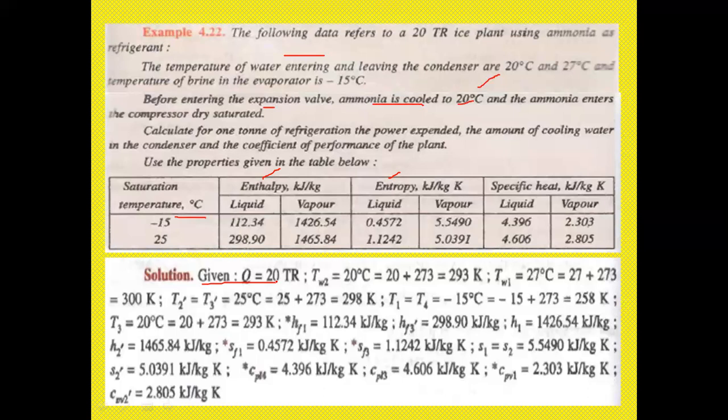TW2 is equal to 20 degrees centigrade, that is 293 Kelvin. TW1 is equal to 27 degrees centigrade, that is 300 Kelvin. Now T2 dash is equal to T3 dash, that is equal to 25 degrees centigrade.